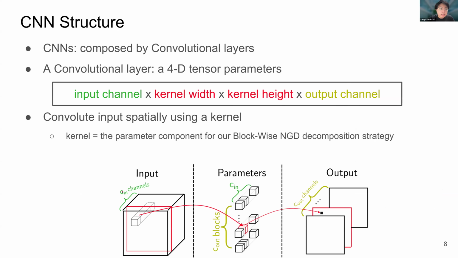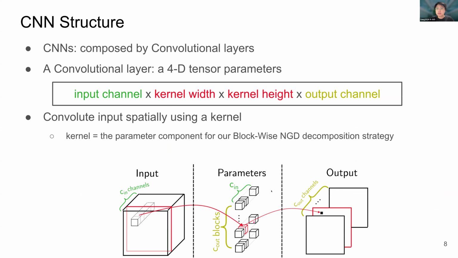In order to explain our method more specifically, let me explain the structure of a convolutional neural network. As its name suggests, it is composed mainly of convolutional layers.